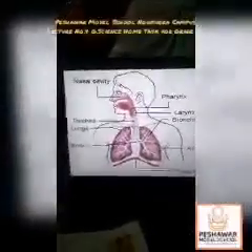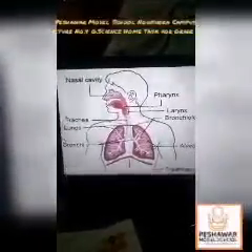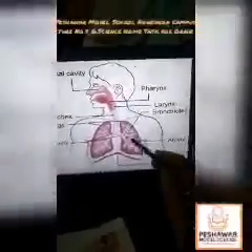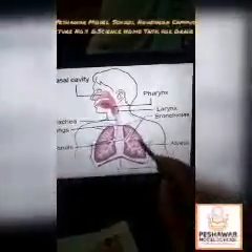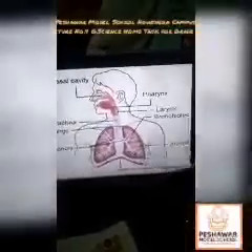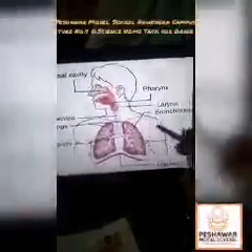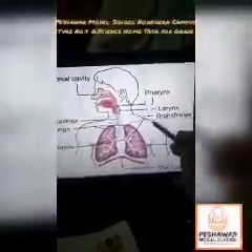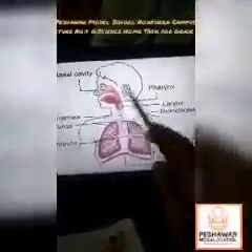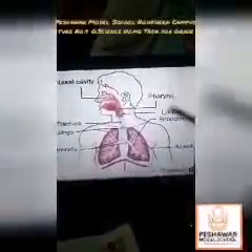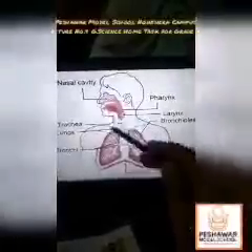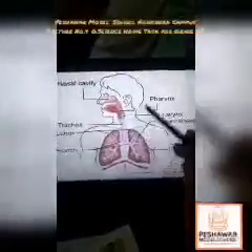Second step is called respiration, in which the oxygen enters into the lungs. With the help of lungs, it enters into our blood, where it combines with the blood to release energy. So this whole process is called respiration, and the system which does this process is called the respiratory system.